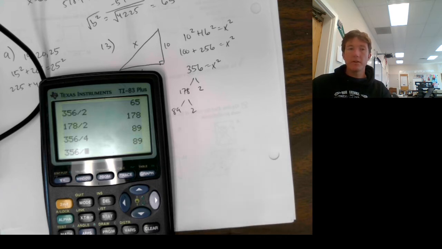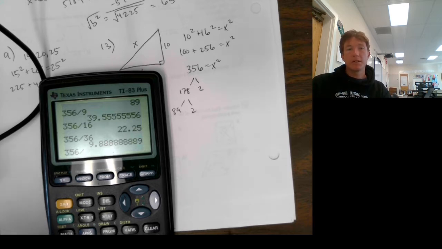Let's see if it'll divide out by 9, which is our next square. It does not, so that does not work. Does it divide out by 16? No. 25 would not work. 36? No. So what numbers I'm dividing by are 2 squared, which is 4, 3 squared, which is 9, 4 squared, which is 16. 5 squared didn't work.